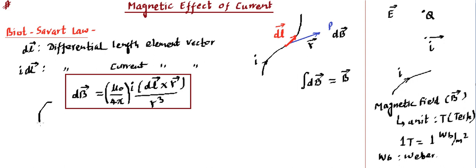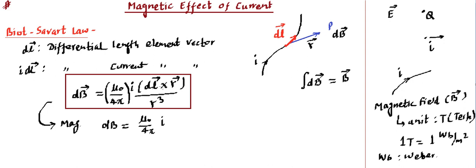So let's talk about how we can get the magnitude. If we need to find the magnitude of the magnetic field, that means we are interested in dB. Now mu naught will remain the same, 4 pi will remain the same because these are constants. Mu naught upon 4 pi, I will be there.